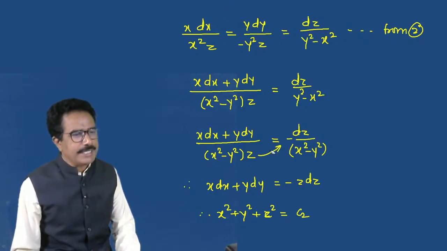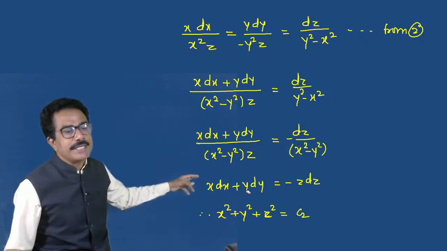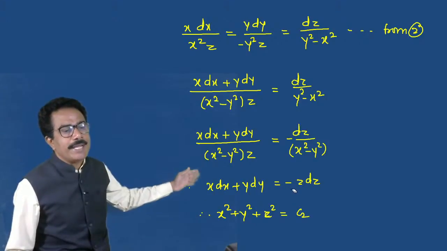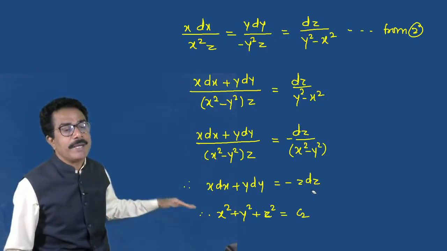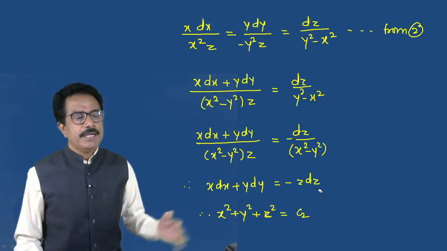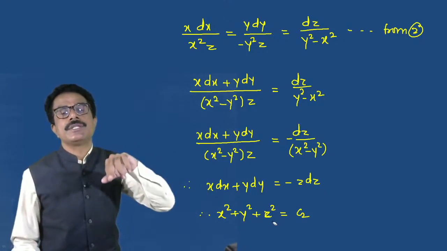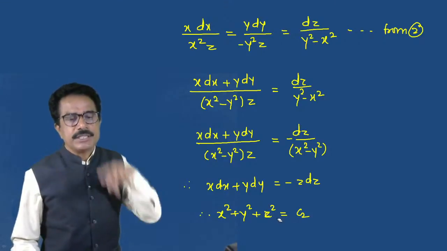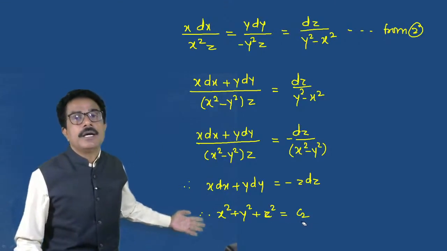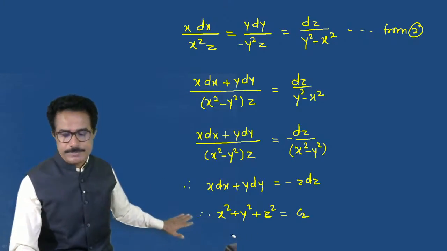That means we can write, by integrating, x square by 2, y square divided by 2, and minus z square divided by 2, which is equal to, suppose, capital C. Multiplying by 2, we can write x square plus y square plus z square is equal to 2c, and consider 2c as c2, which is another form, the second independent solution. This is also the second independent solution, and hence we can find the solution.